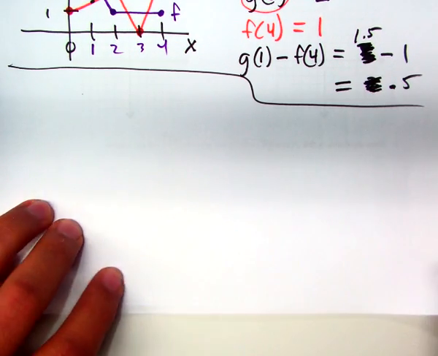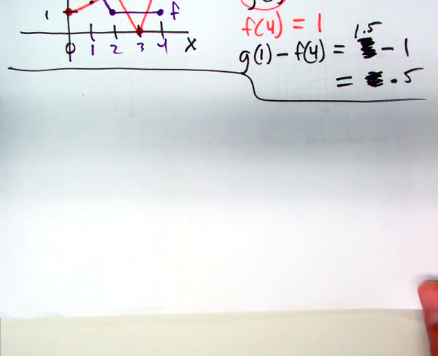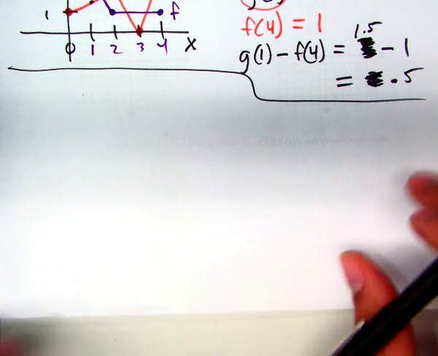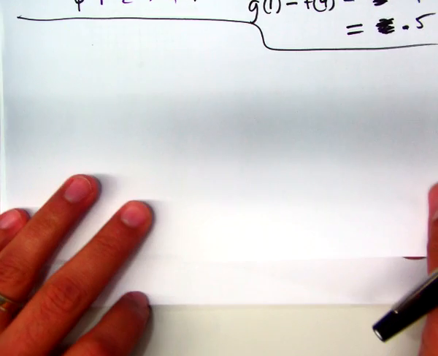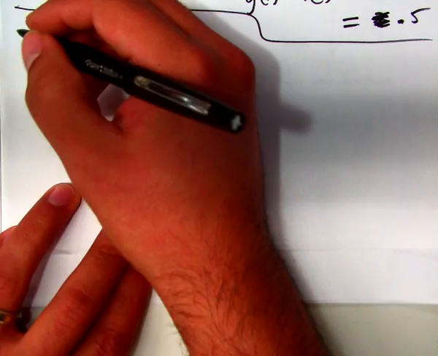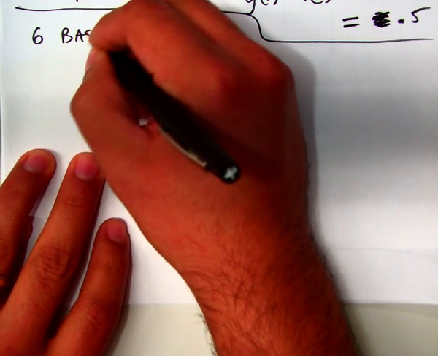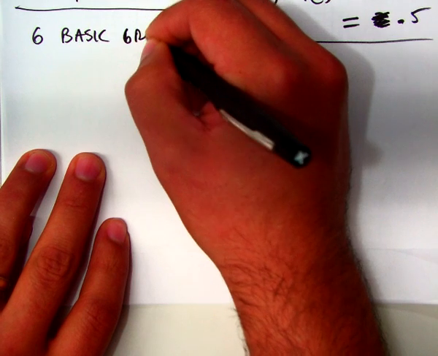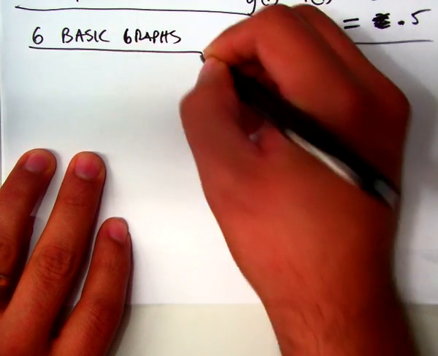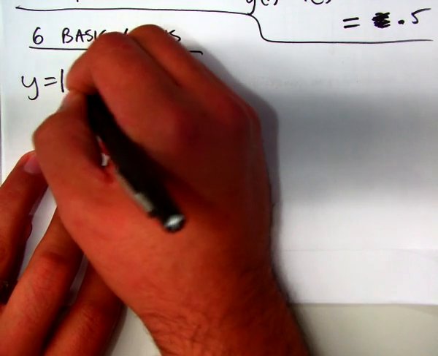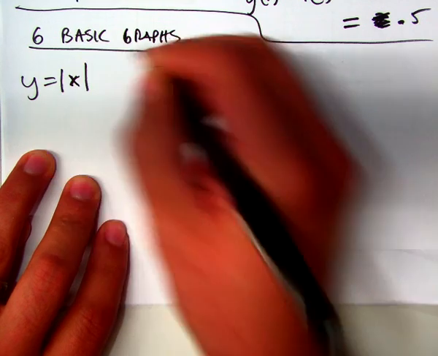Here are the 6 basic graphs that you need to be comfortable with. We're going to go through them quickly because you've already seen them at some point before. And you also have to know the domain and range for all of these graphs. The first one is the absolute value of x.